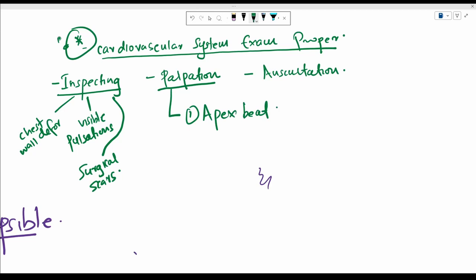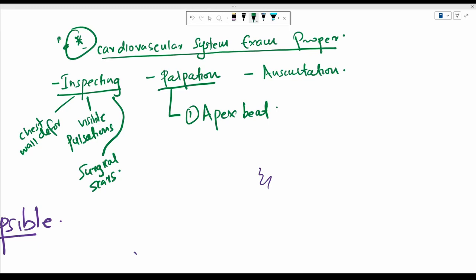Feel for the apex beat, locate it and describe the character. It could be tapping, it could be heaving, it could be thrusting, right? So you need to look for the character and describe it. And then you need to be able to locate it. Is it in the normal place or is it deviated?